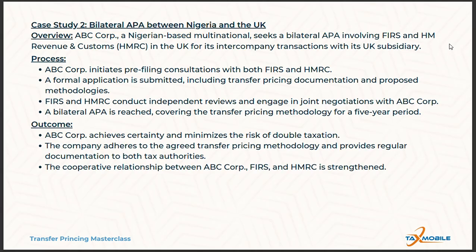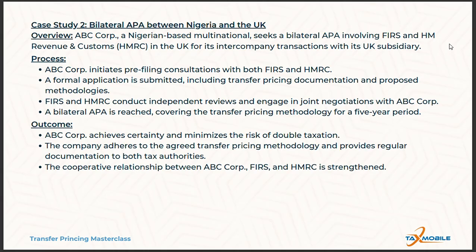Now, the outcome, if it is positive, is that the bilateral advanced pricing agreement is finalized for a 5-year period, ensuring that the transfer pricing methodology is aligned between Nigeria and the UK, minimizing the risk of double taxation.